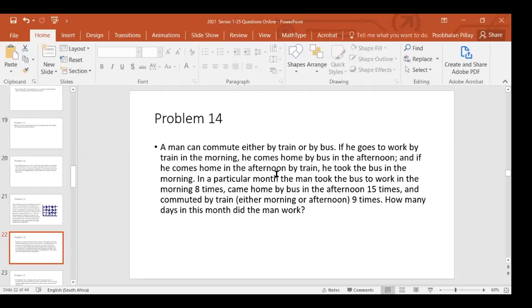And if he comes home in the afternoon by train, then he took the bus in the morning. In a particular month, the man took the bus to work in the morning 8 times and came home by bus in the afternoon 15 times and commuted by train either morning or afternoon 9 times. How many days in the month did the man work? Looks very, very complicated.